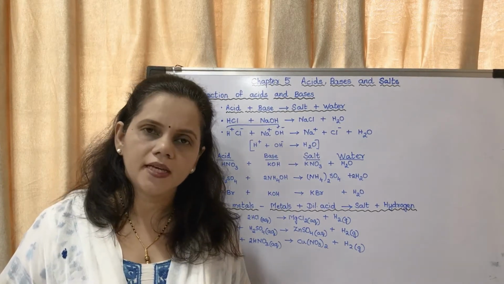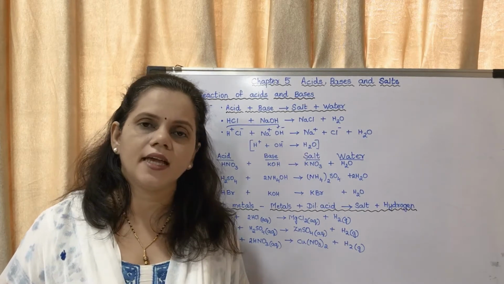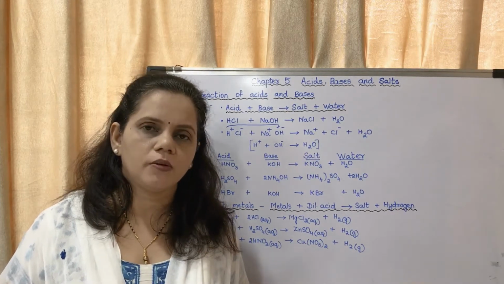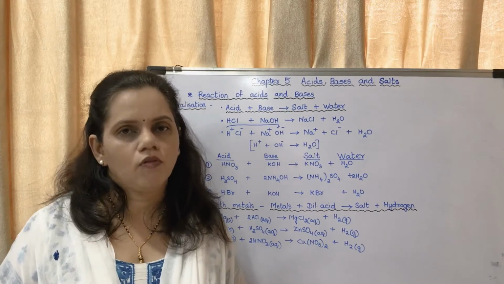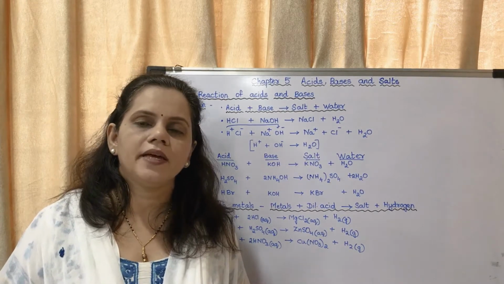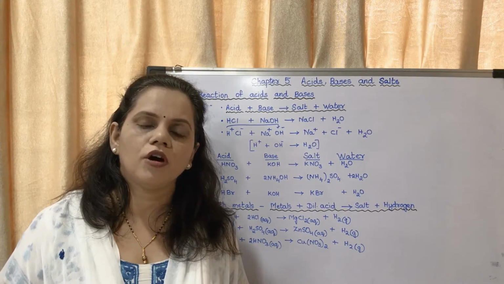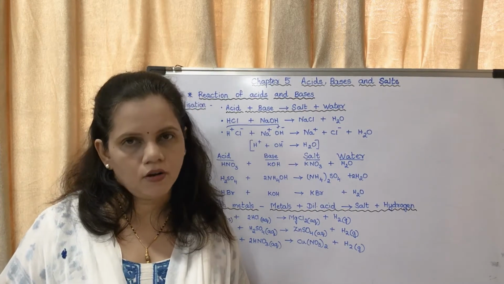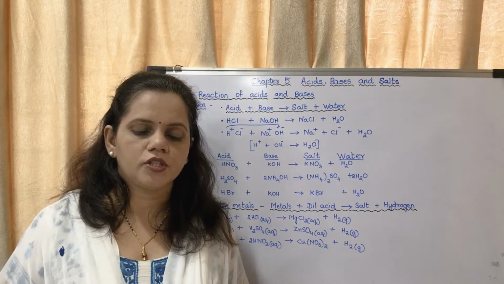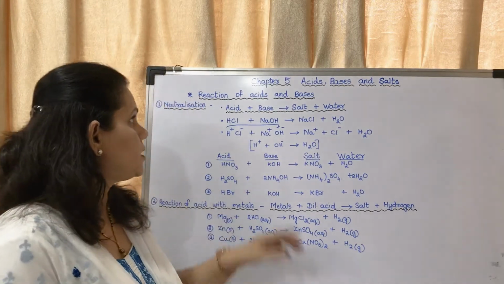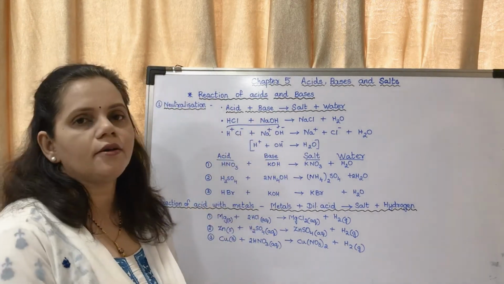Similarly, a base is a substance that reacts with an acid to form corresponding salt and water. I repeat, a base is a substance that reacts with an acid to form corresponding salt and water. Okay, so that is about the reaction between acids and bases.